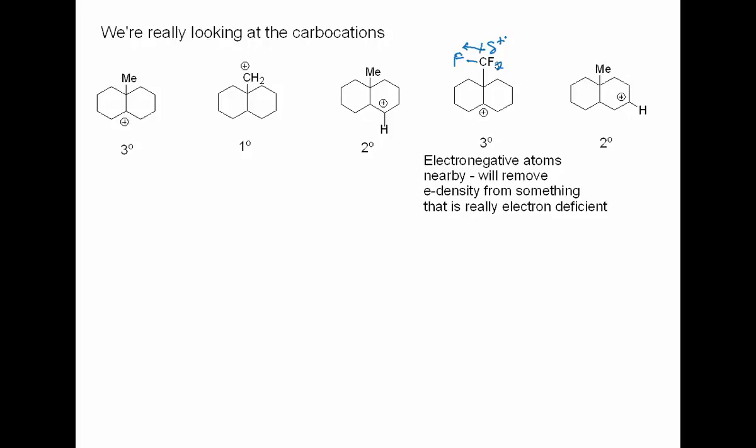Having two positive charges really close to each other isn't quite so good. Alright, so let's do the final ranking. We can probably say that the tertiary one without problems is going to be number 1, the tertiary one with a few issues is going to be number 2, and the primary one is going to be dead last.